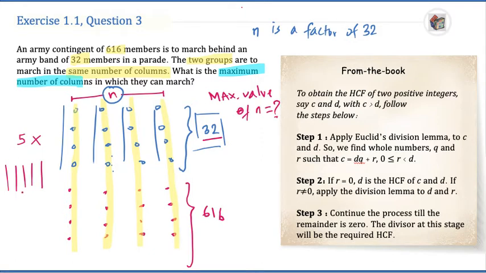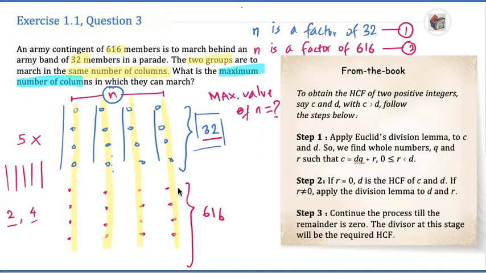So I cannot divide 616 by 5. So what all can the number of columns be? It can be any factor of 616. It can be 2, it can be 4, whatever factors came to my mind, I wrote them. So this can be the number of columns. So yet again, just as n is a factor of 32 here, n is also a factor of 616. Let me write that. There you go.